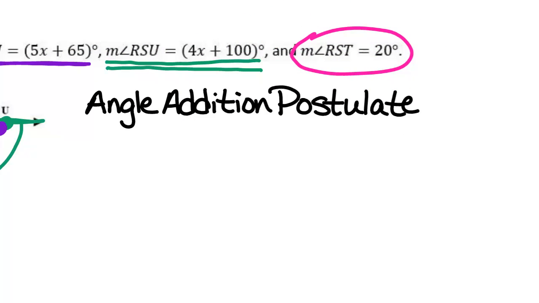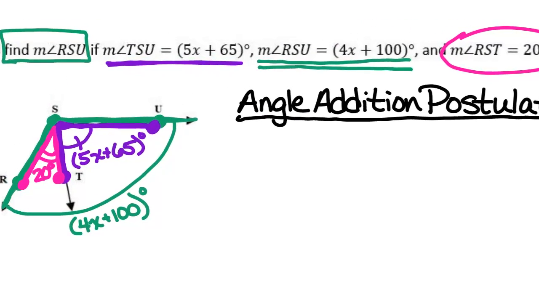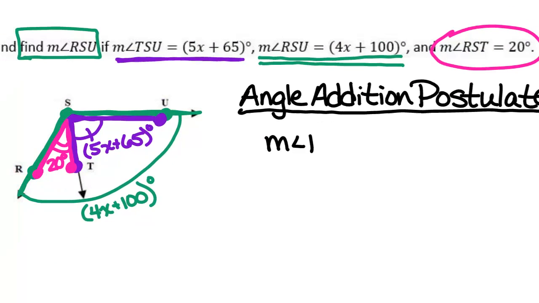Angle addition postulate, I have to use the names of the angles. And then after that, I would be allowed to do some substitution. So what are the angles that are the smaller angles being added together? Measurement of angle RSU is one of the smaller ones.